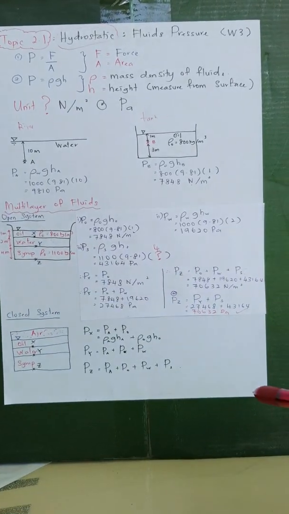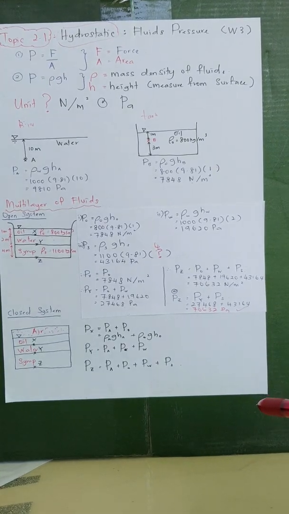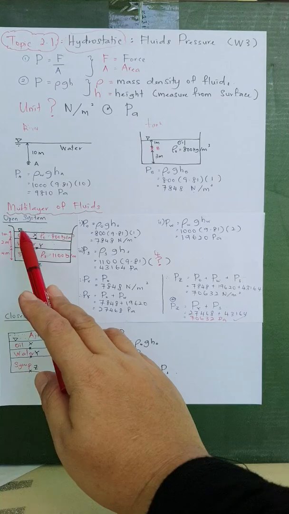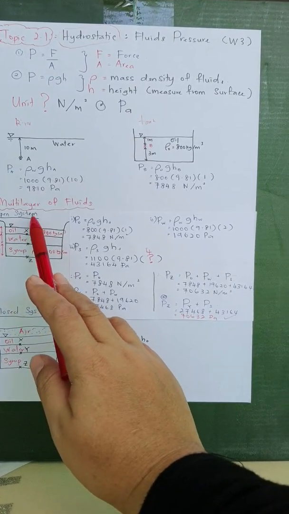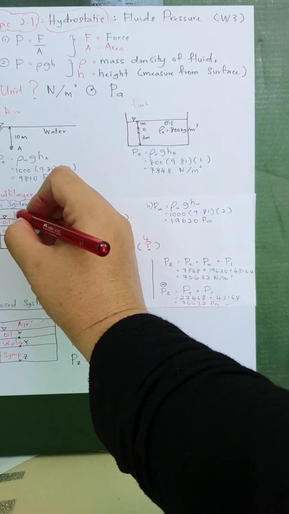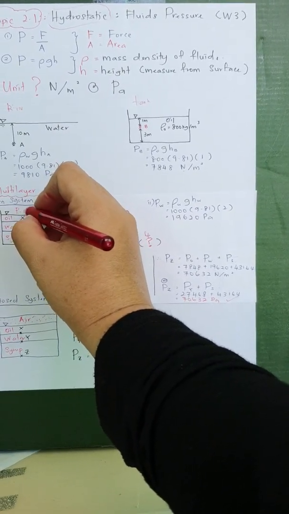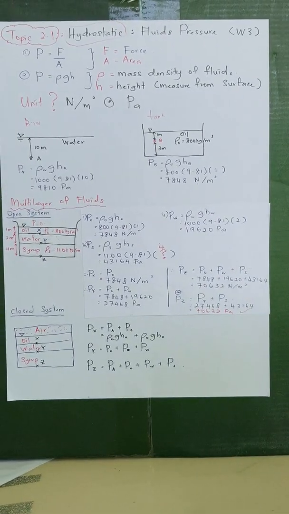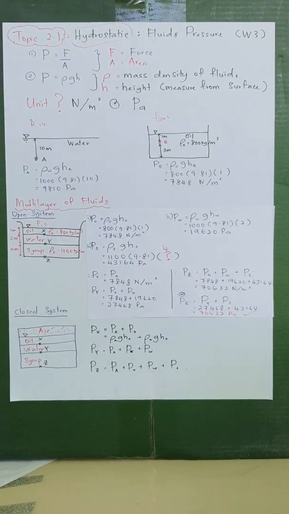Okay, remember? So next, this is an open system, means the surface is exposed to the atmosphere. Remember, if exposed to the atmosphere, kita kata P at the surface equal to 0. So at the moment awak minum air Milo pagi-pagi, at the surface P equal to 0.